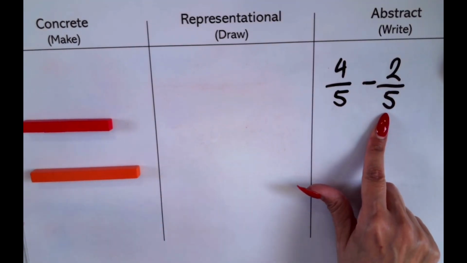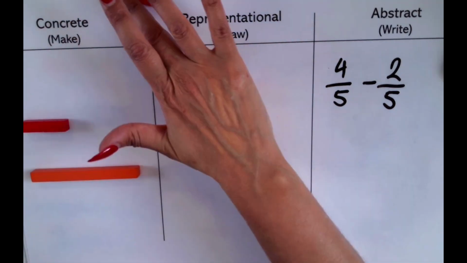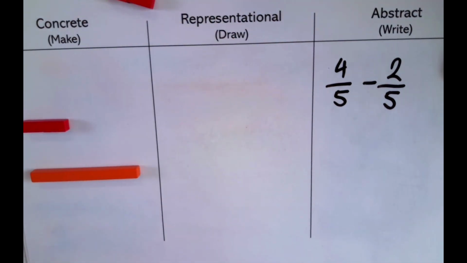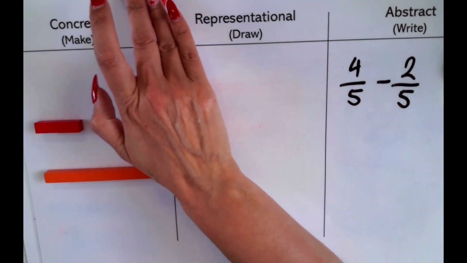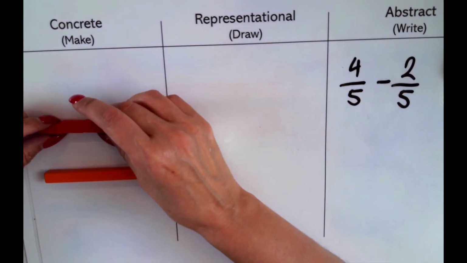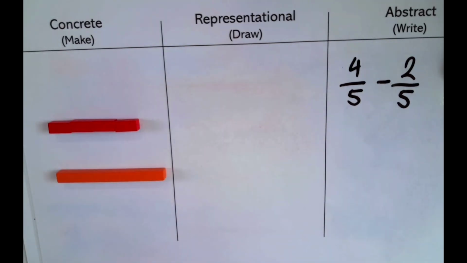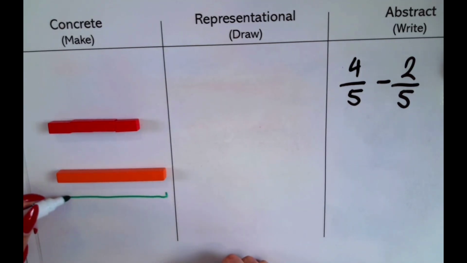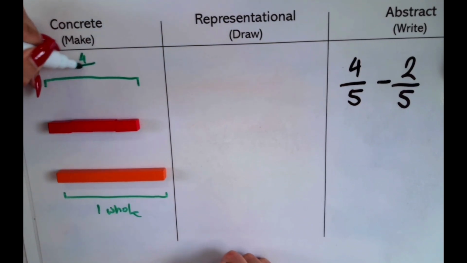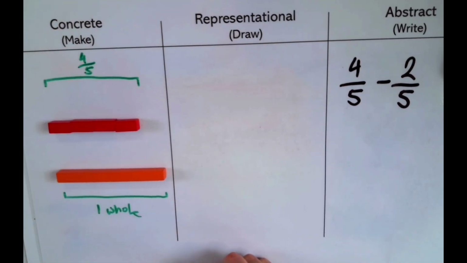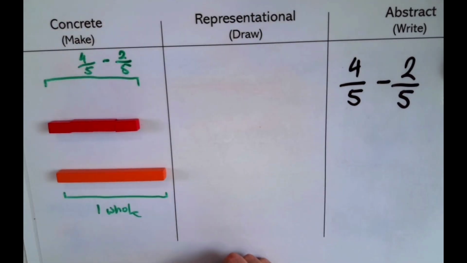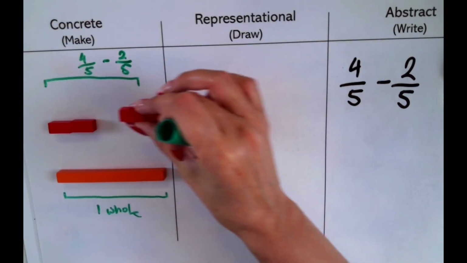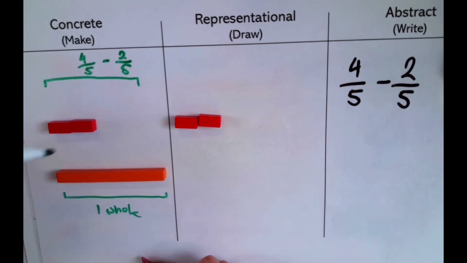Now, if I take away 2 of these fifths, I'm going to end up with 2/5. I'll do that again. If this is my 1 whole, and this is my 4/5, then if I take away 2/5 from this 4/5, what do I end up with?